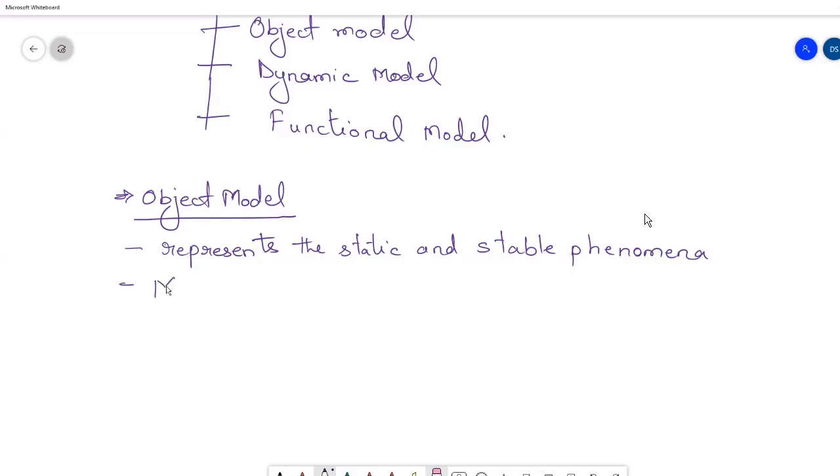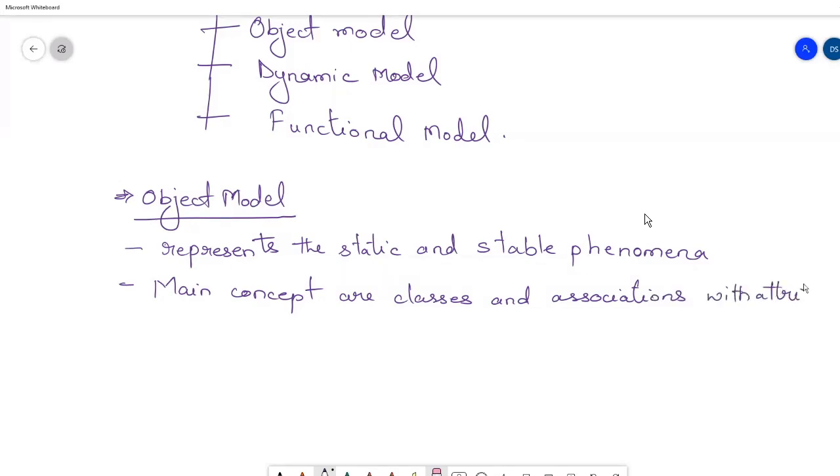So, the main concepts were classes and associations with attributes and operations.